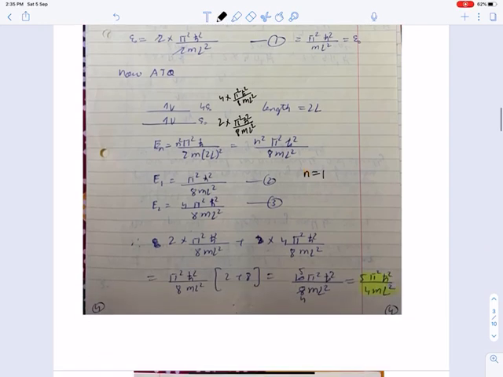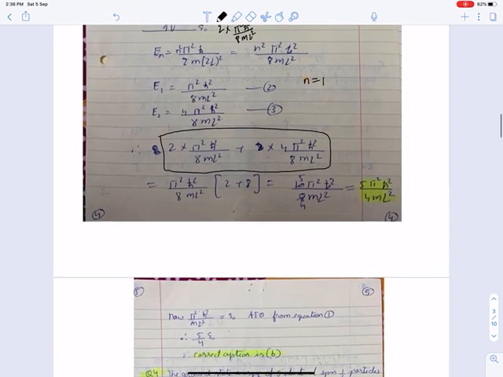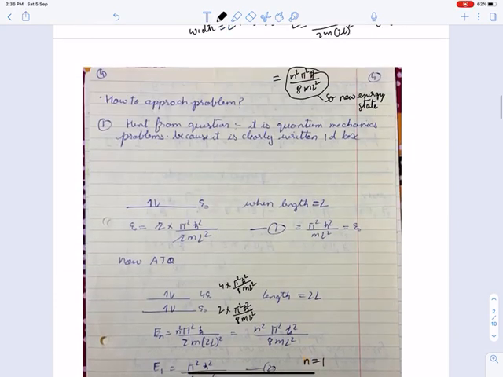Similarly, we add these. When I add, I get 5 pi square h cut square upon 8mL square, and pi square h cut square upon mL square is epsilon naught. So it becomes 5 upon 4 epsilon naught. This is the final answer.